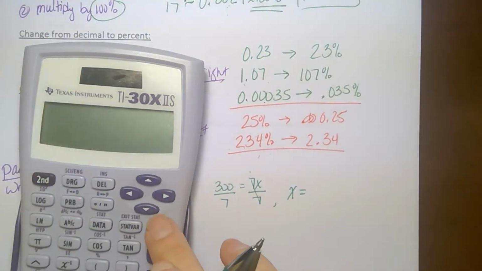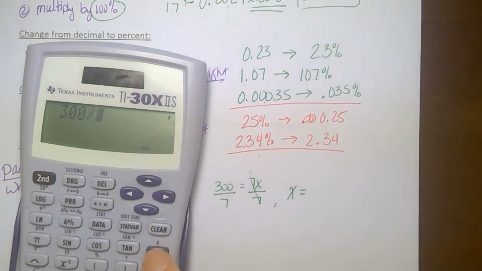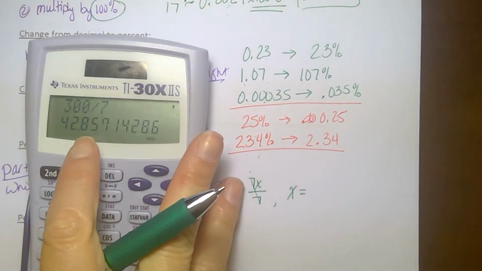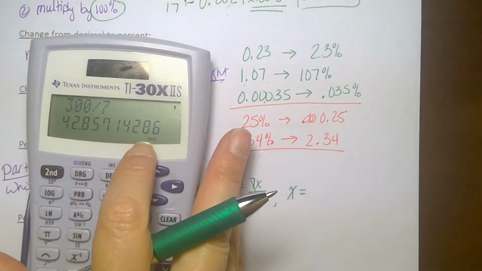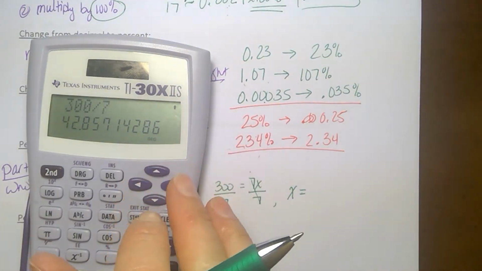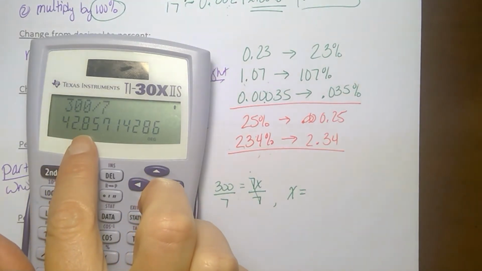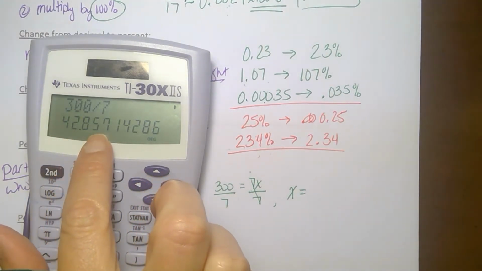When I do that, 300 divided by 7, I get 42 and then I get this long decimal. So we are going to have to round it off. Let's round to 1 decimal place. So that would be 42 point, well, I need to round that 8, so I look to the right, and I'm halfway there, which means I round up.